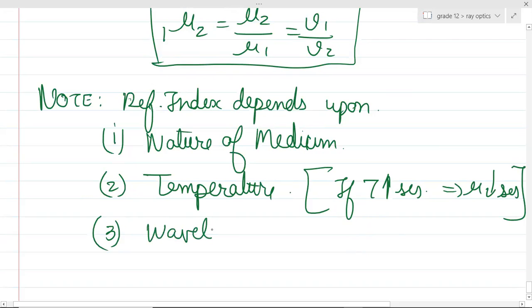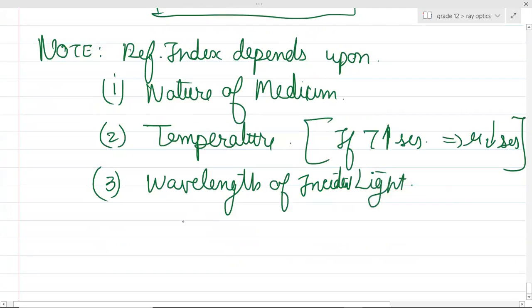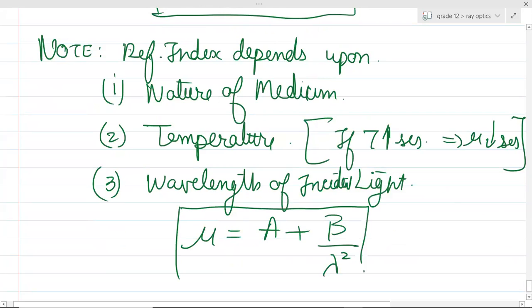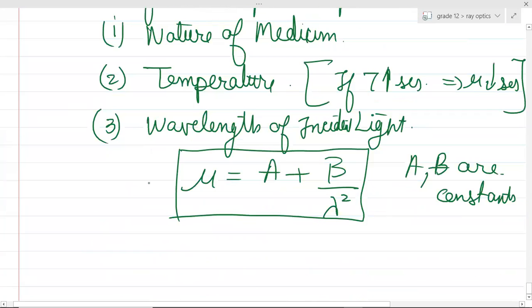Third, it also depends upon the wavelength of light. Which light am I talking about? The wavelength of incident light, obviously. There is one equation: refractive index equals A plus B by lambda square, where A and B are constants, and this equation is called Cauchy's equation.